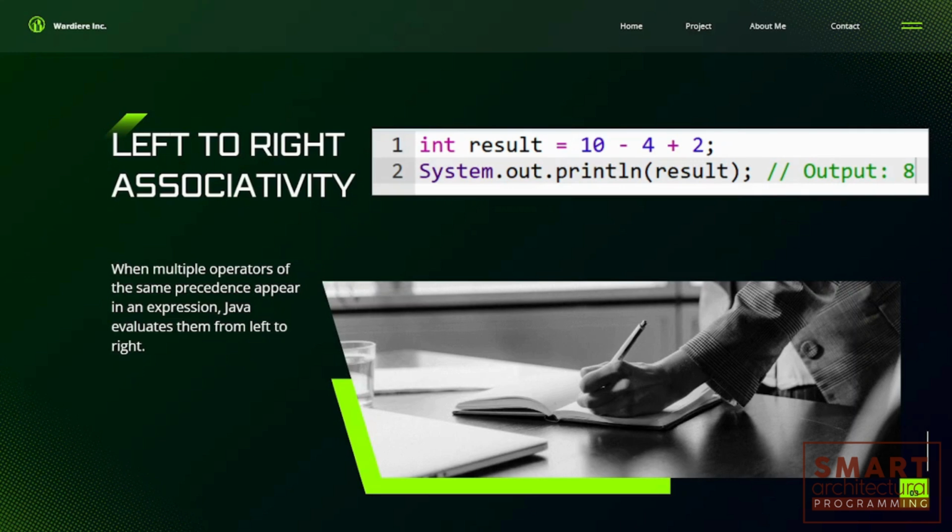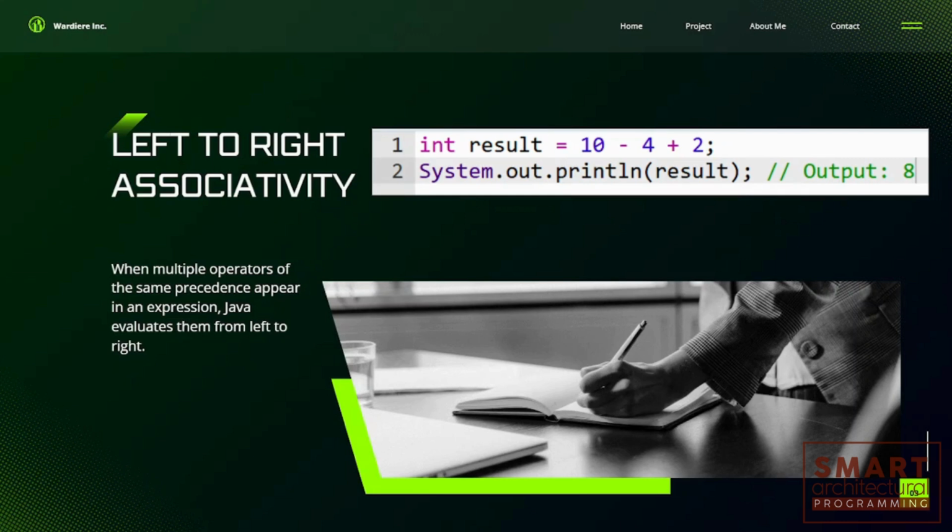They are on the same level on the precedence ladder, which means they need to be resolved through associativity, and in most cases that is left to right associativity. After 10 minus 4, 6 is there. Then we add 2, and that becomes 8.